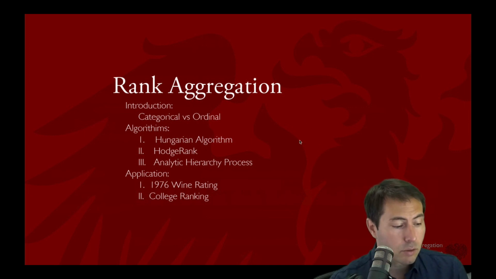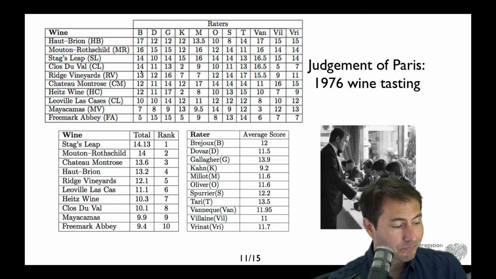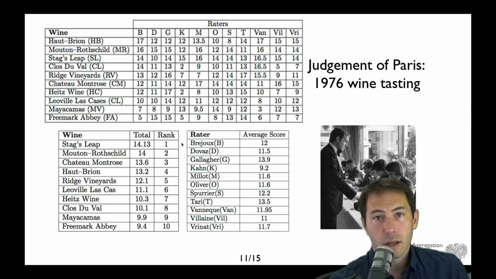So in my case, we're going to touch on a couple of different things very briefly. More importantly, we'll start with this wine ranking. There's this Judgment of Paris from 1976. And really what was required was that they had a collection of wines and a collection of raters. And the question was, what is the top wine in the rating?